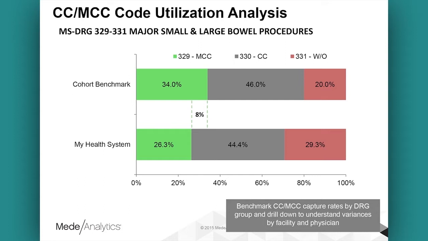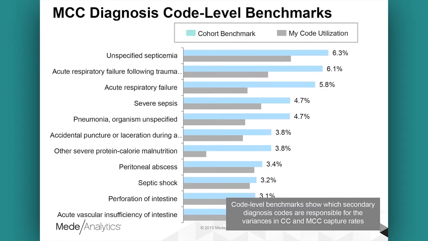So why is that? Which physicians are responsible for that? Or who's lacking the documentation? Or what parts of our organization, which facilities, and specifically, which codes? What are the secondary diagnosis codes that we are not capturing relative to our peers? So click into that, and one level below it is that code level benchmarking. And this is something that's not typically done in high-level CMI reports.